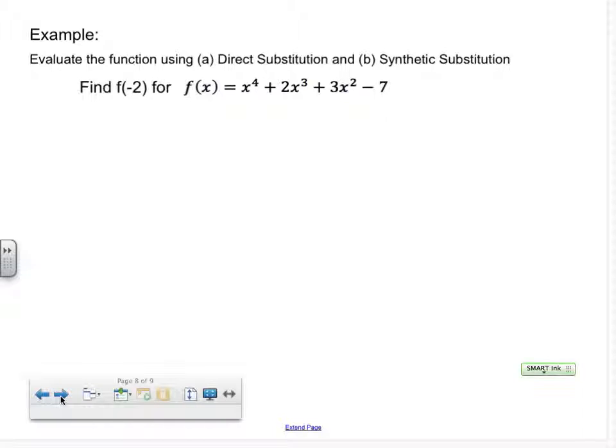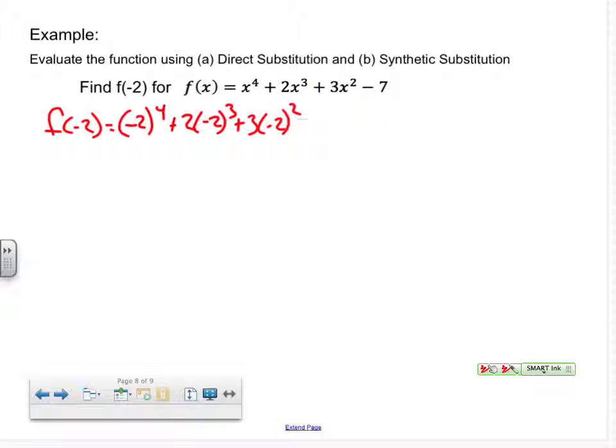Right? So let's try this. Do it in 2 ways. Let's find f of negative 2 by direct substitution and by synthetic substitution. Right? First by direct. We got f of negative 2 is negative 2 to the 4th plus 2 times negative 2 cubed plus 3 times negative 2 squared minus 7.